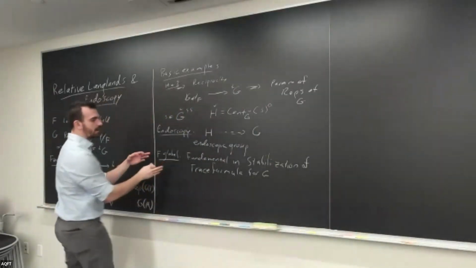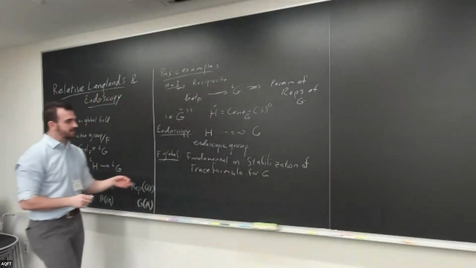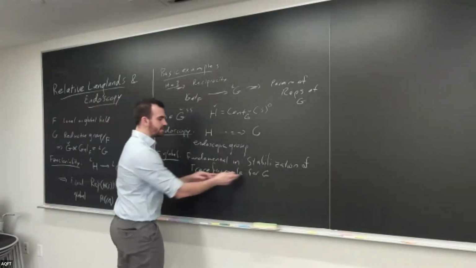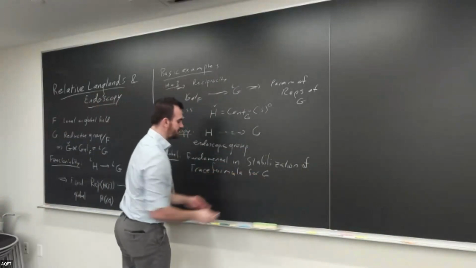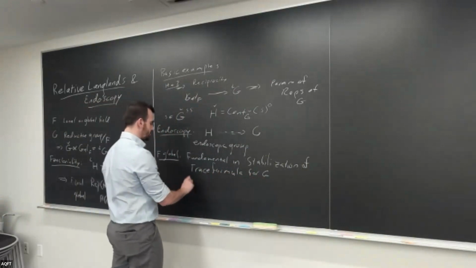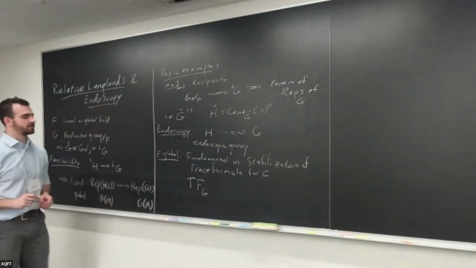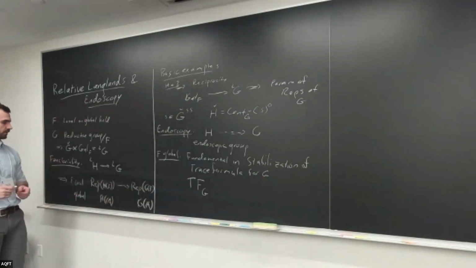The main takeaway, because it's going to show up in the relative setting in a minute, is that we would like to study automorphic representations of G by studying invariant distributions associated to G. This is the context of what's called a trace formula.